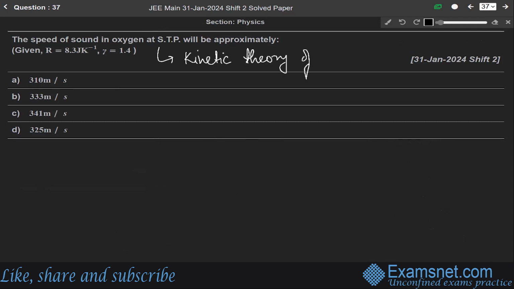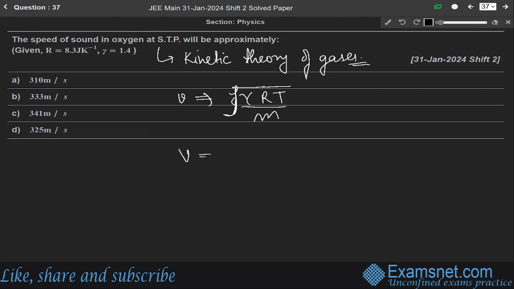The speed of sound is calculated as the square root of gamma RT by M, where gamma is the adiabatic constant.